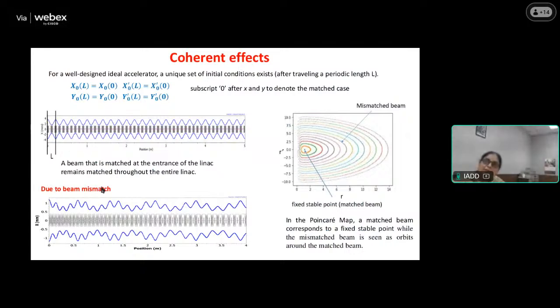Whereas if there is a beam mismatch, the beam is not periodic, the oscillations are not periodic, they are sort of quasi-periodic. So if you see the Poincare plot of the mismatched beam here, it is seen as orbits around the matched beam. Depending on the level of mismatch, these orbits represent the mismatched beam in the Poincare map.